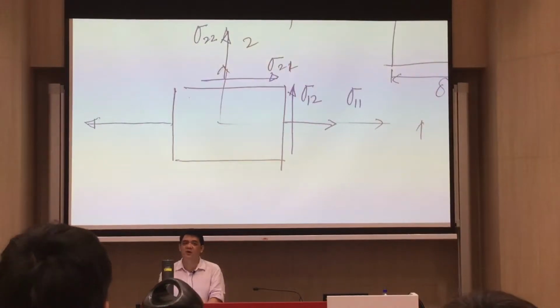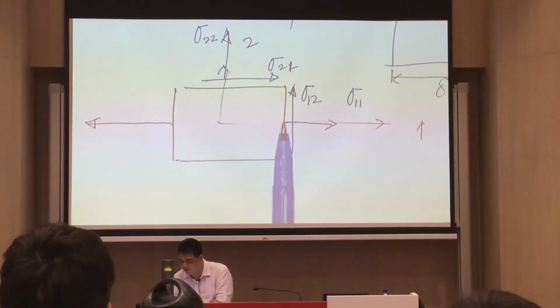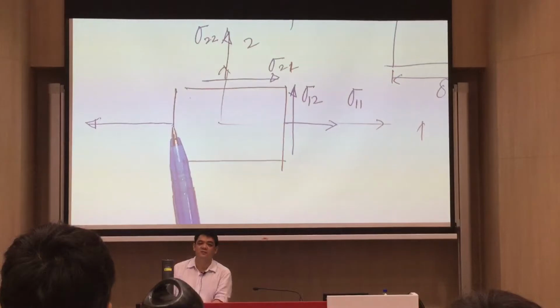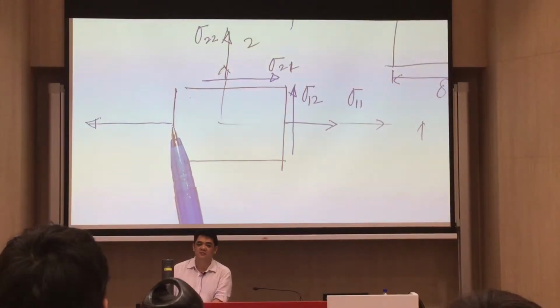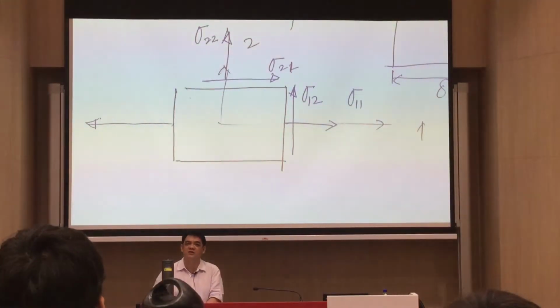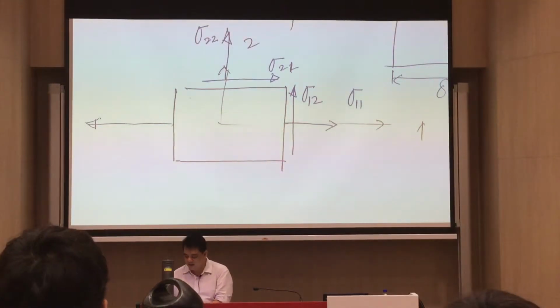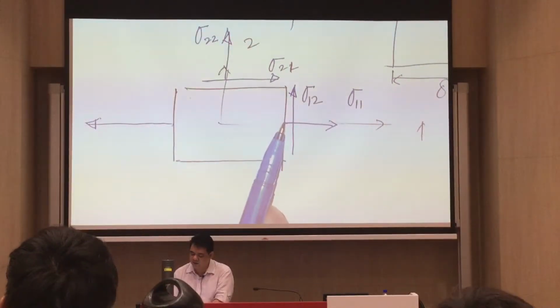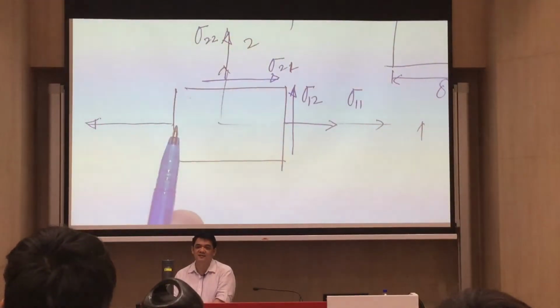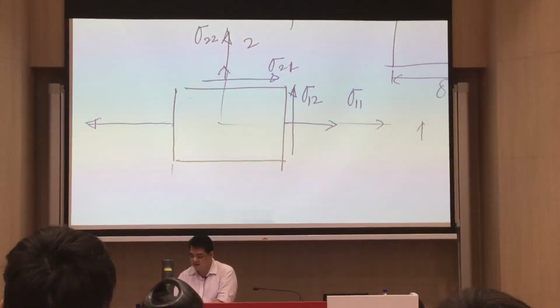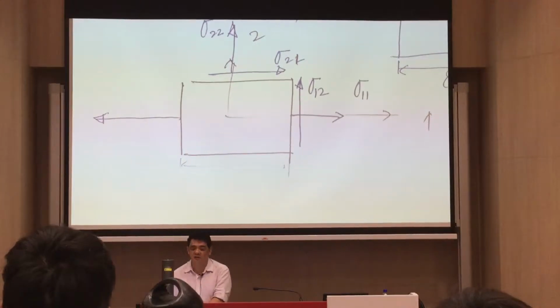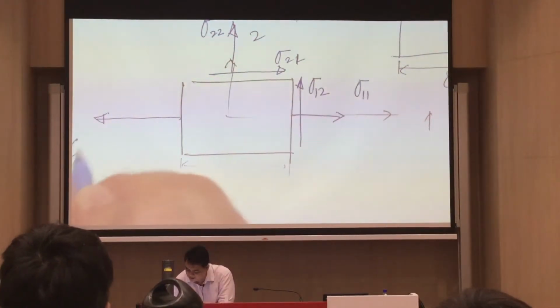It's not just sigma 1,1, but there will be an additional term, because this one moves from this point to that point. So we're assuming that there will be some changes. There will be a change of stress with respect to the distance, and then you multiply it by that distance, delta x1.